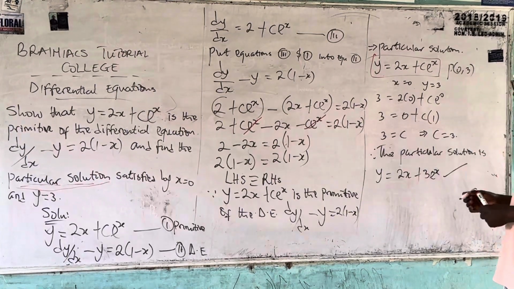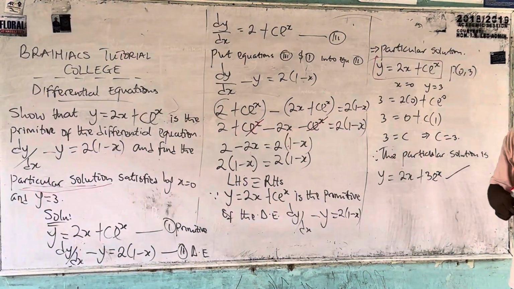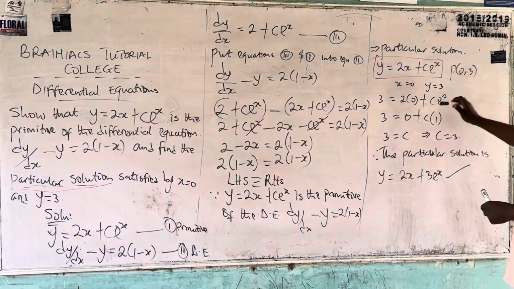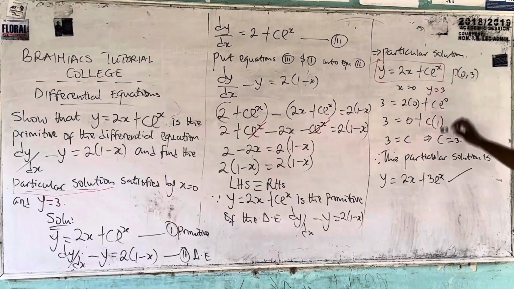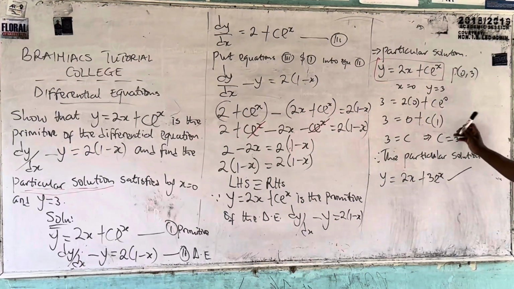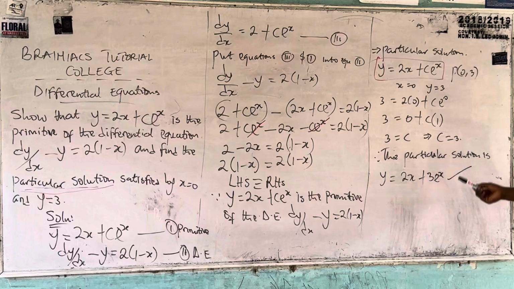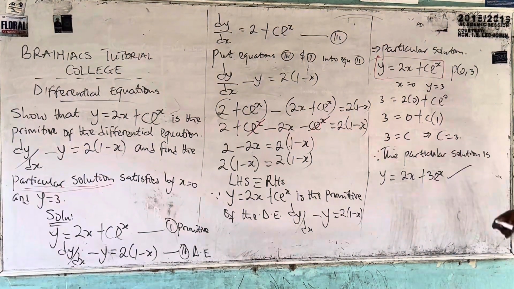So this is the particular solution. If you have to obtain a particular solution, you go to the primitive and substitute the point given for x and y. Then whatever value we obtain for the constant, we substitute back into the primitive to get the final answer.